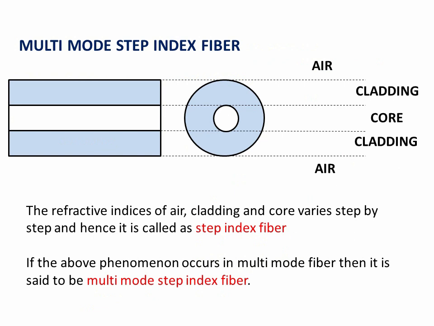Next, multimode step index fiber. If the refractive indices of air, cladding and core varies step by step, and hence it is called as step index fiber. So more than one mode of propagation is called multimode.